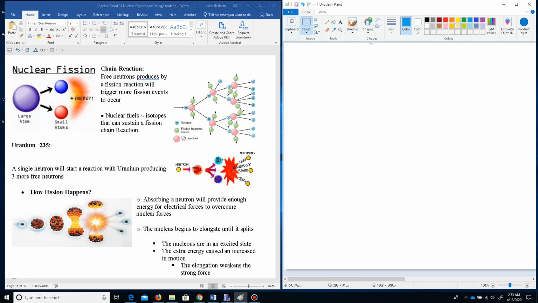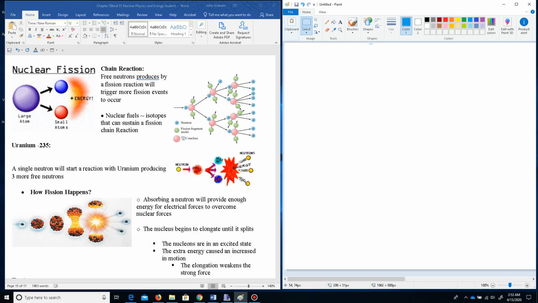And when they hit them, they split those, releasing more neutrons. And then those neutrons go and find, again, more nuclei they can hit, and they'll split those, and when they split, they'll release even more neutrons. So you have all these neutrons going around, seeking out more and more nuclei to split apart.